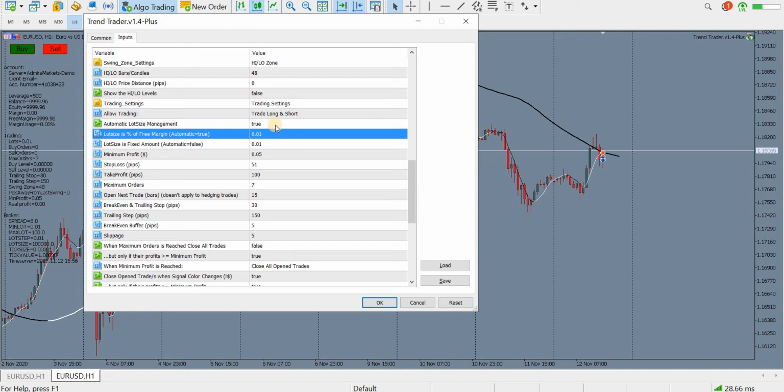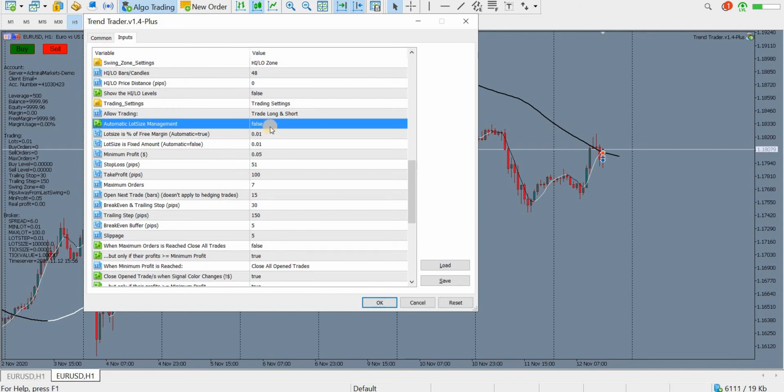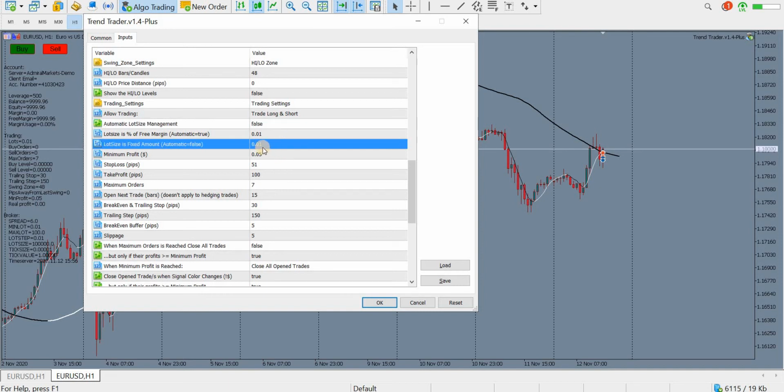So if you set the automatic lot size to true, the expert advisor will use this percentage of the free margin as the lot size for the next open trade. And by the way, 0.01 means 1%. If you want to use a fixed lot size, a fixed amount, 1 cent, then you will set the automatic lot size to false, and the expert advisor will use this.